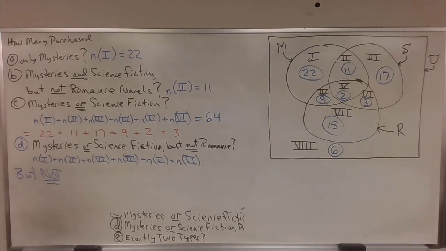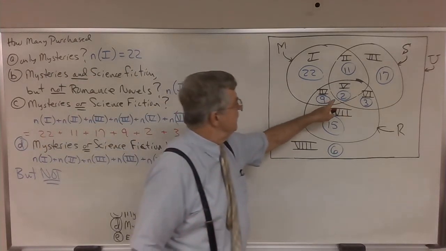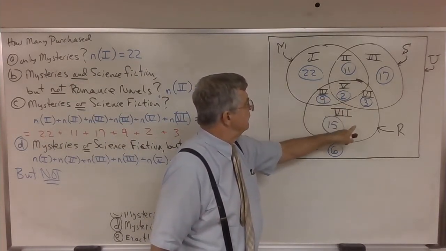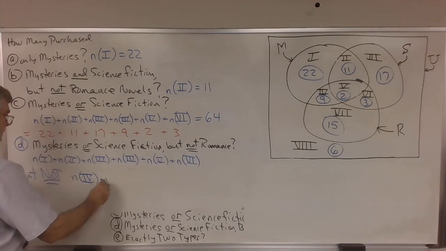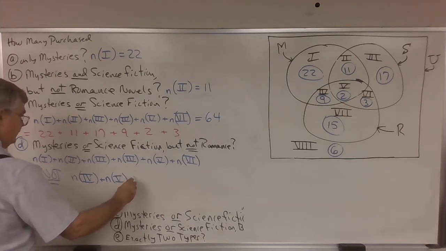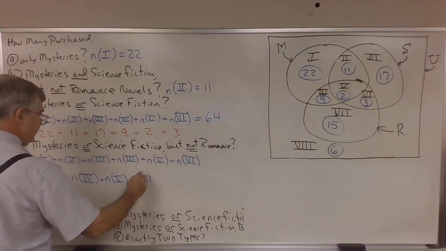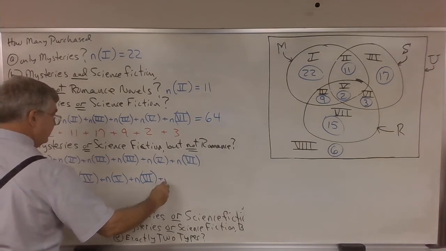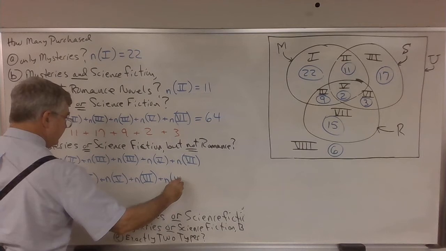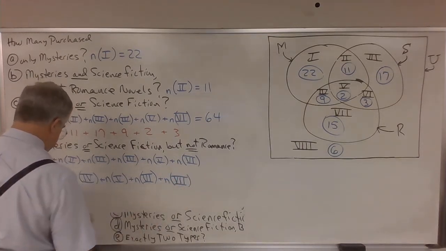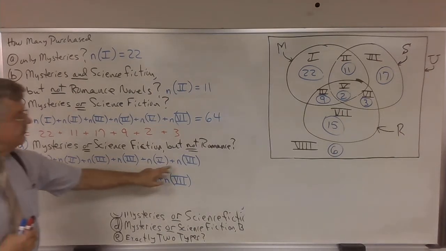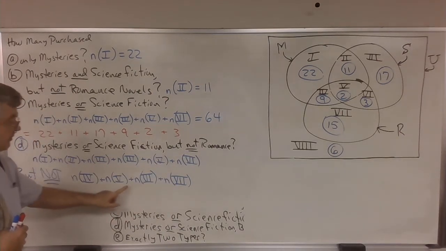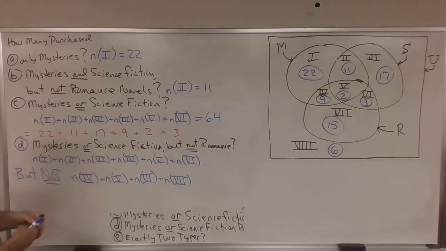But not romance. So that's 4, 5, 6, and 7. So the number of people in all of these regions that are not in these regions. Okay.